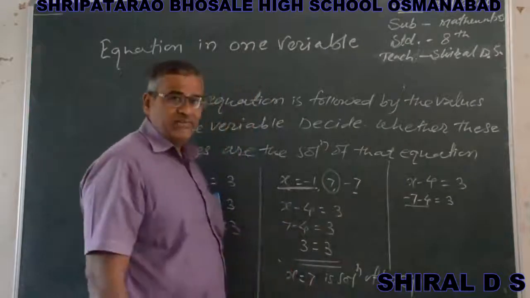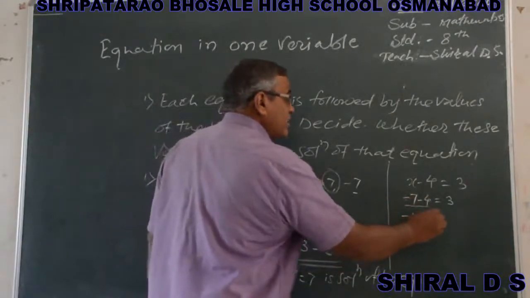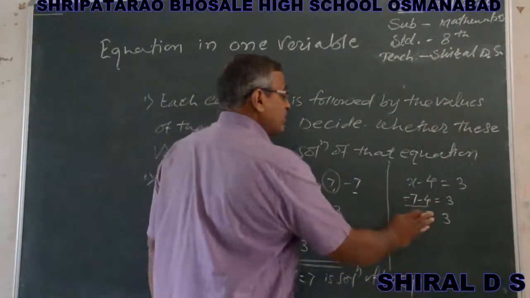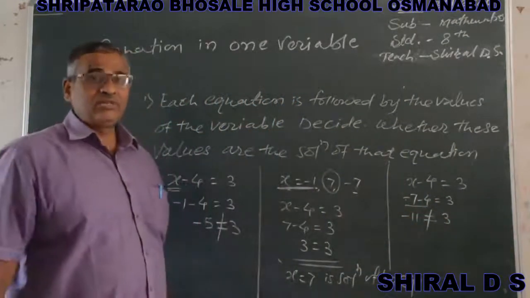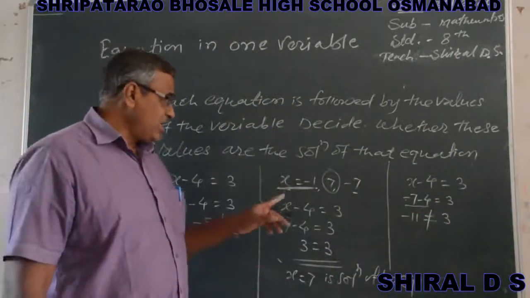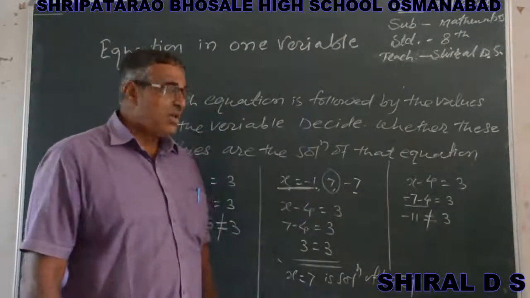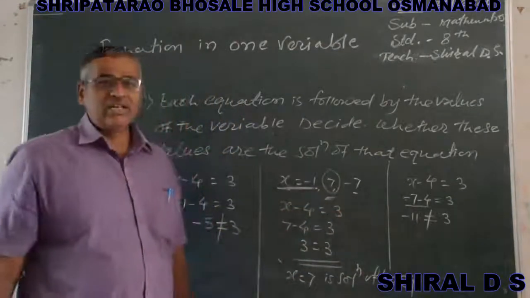These two terms are similar terms, same sign. Therefore, minus 11 is equal to 3. Minus 11 is equal to 3 is not possible. Therefore, minus 11 is not equal to 3. It means x is equal to minus 7 is not the solution of the given equation. Only x is equal to 7 is the solution of the equation.